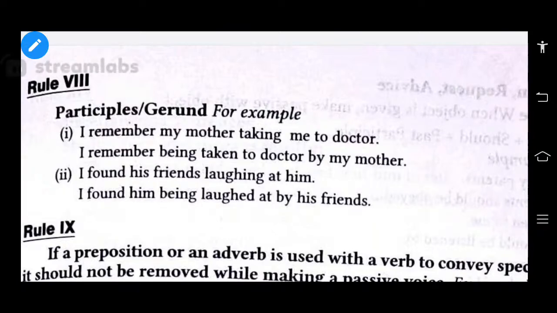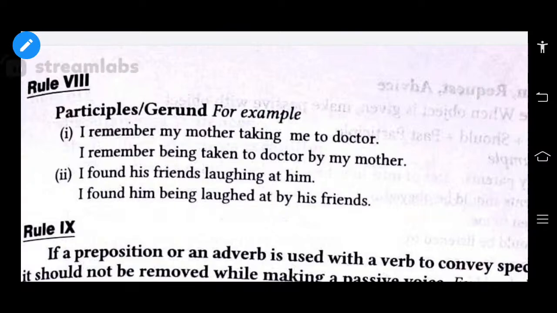When we have to answer a sentence which contains participles and gerunds as non-finite verbs, what do we have to do?